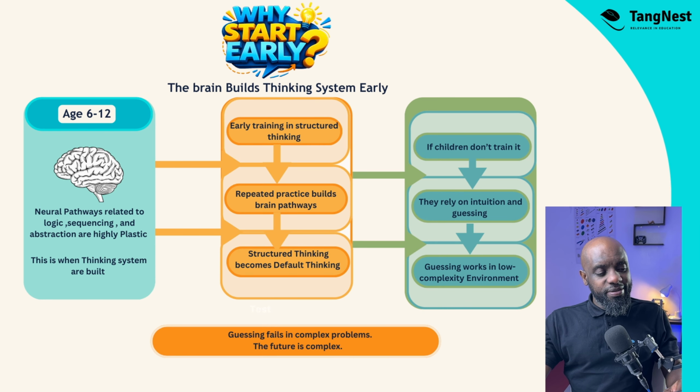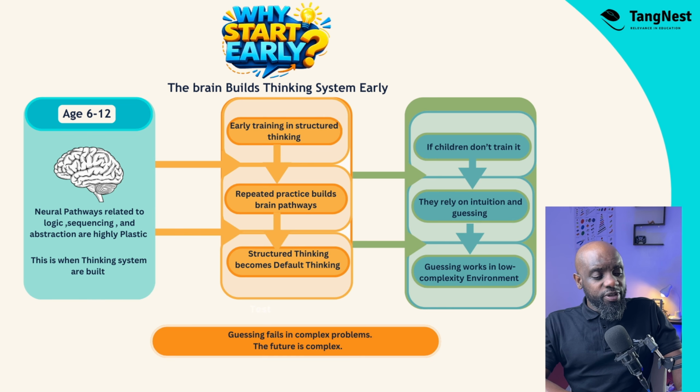Now that you understand computational thinking and you know what your child will be studying if you buy this course, an interesting question naturally appears. Why now? Why is it urgent? Let me use another diagram to explain this to you.